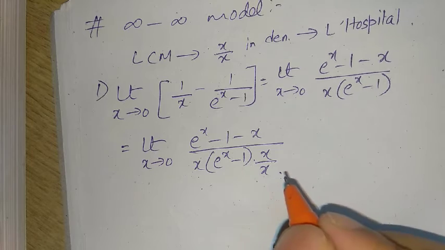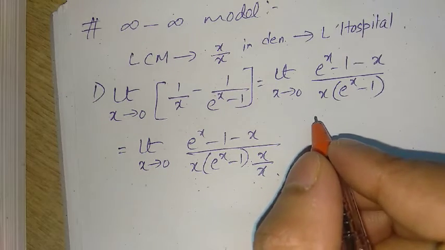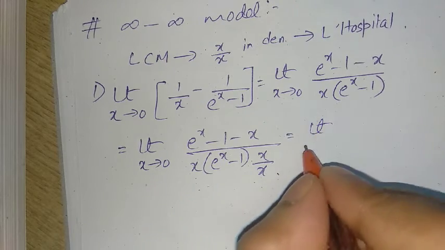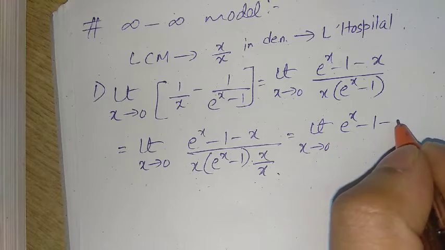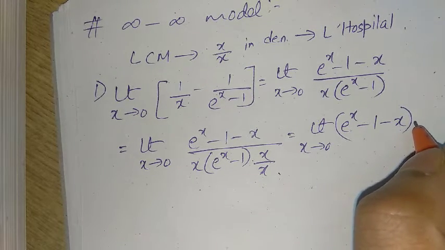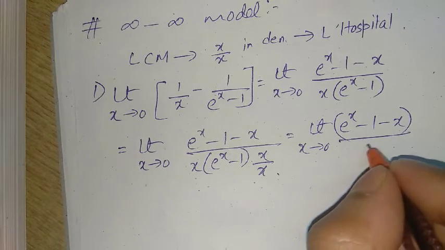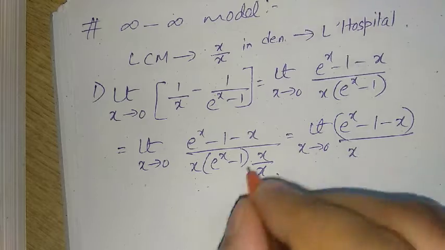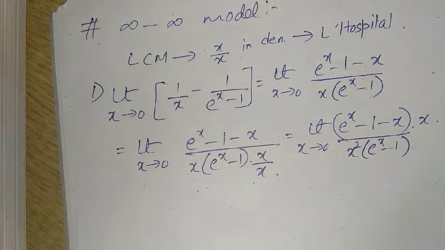Okay, so after doing this, what we get is simply limit x tends to 0, e to the power x minus 1 minus x multiplied by x square into e to the power x minus 1, and we will have an x in the numerator.